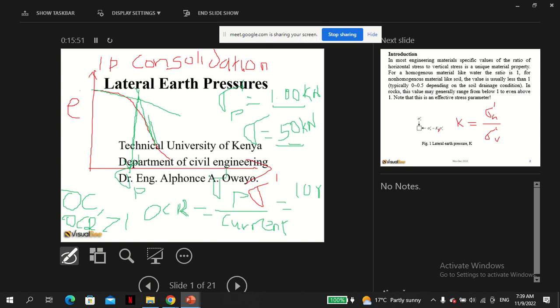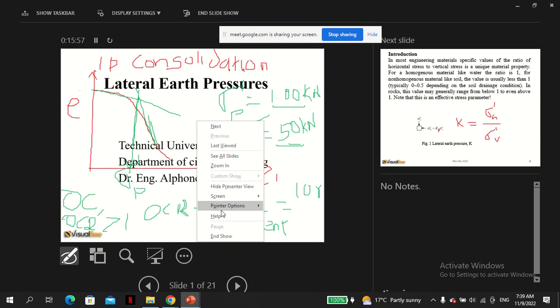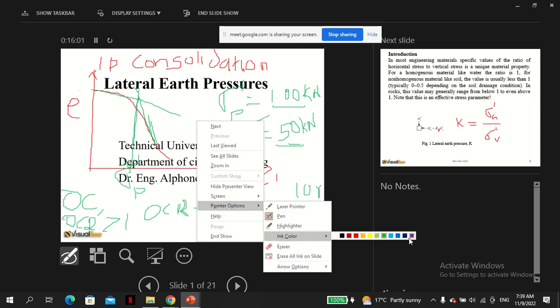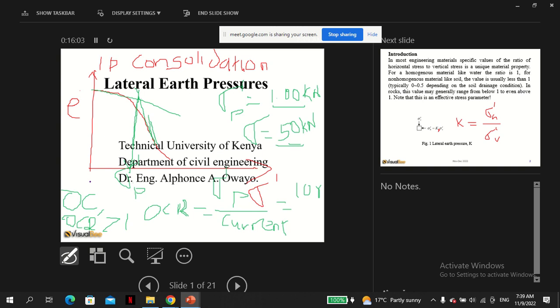So if you see the OCR is greater than 1, that is over-consolidated soil. In the same breath, of course we don't use this for normally consolidated soil, but for argument's sake, for normally consolidated soil, it means the load it will be carrying would be more than 100, so 150.